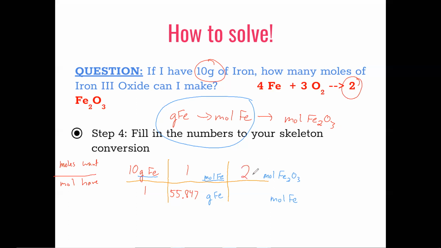So for every 2 moles of iron 3 oxide, we are using 4 moles of iron. And that is how you get your molar ratio. That moles of what you want over moles of what you have, that comes from your equation. So don't ever think that that number is going to come from anywhere else. That's what the balanced equation is for.